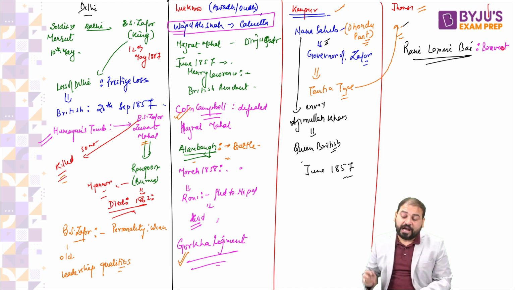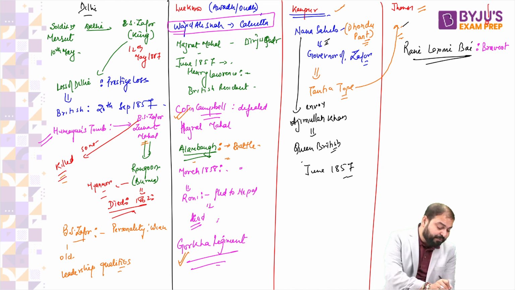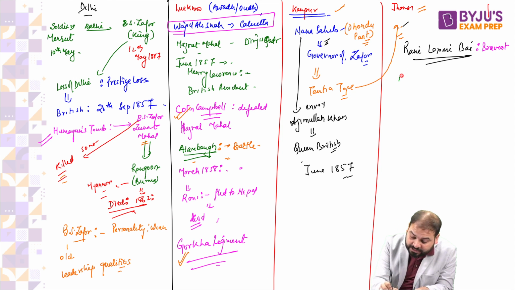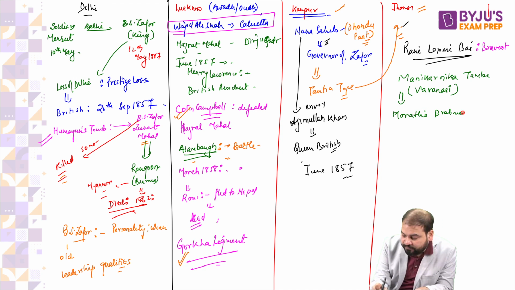Now, Shalu is asking, why is he helping Jhansi? Why is he helping Rani Lakshmi Bai? So let me tell you guys, Rani Lakshmi Bai's childhood name was Manikarnika Tambe. She was born in Varanasi in a Marathi Brahmin family.